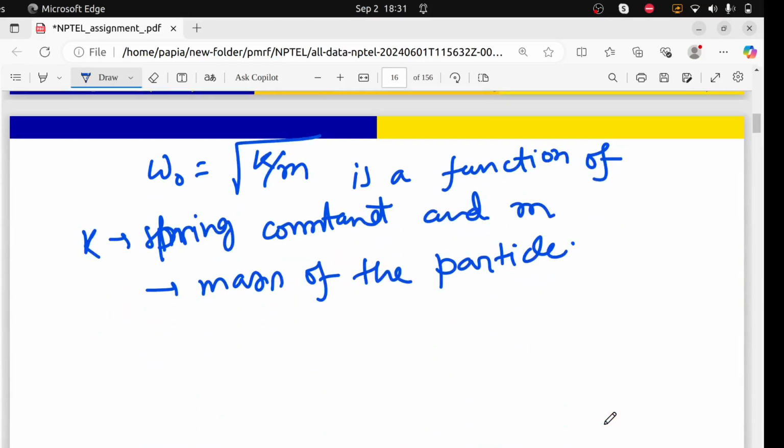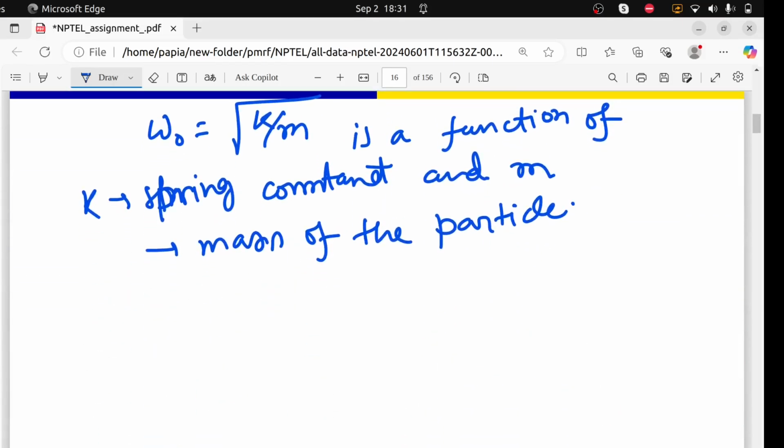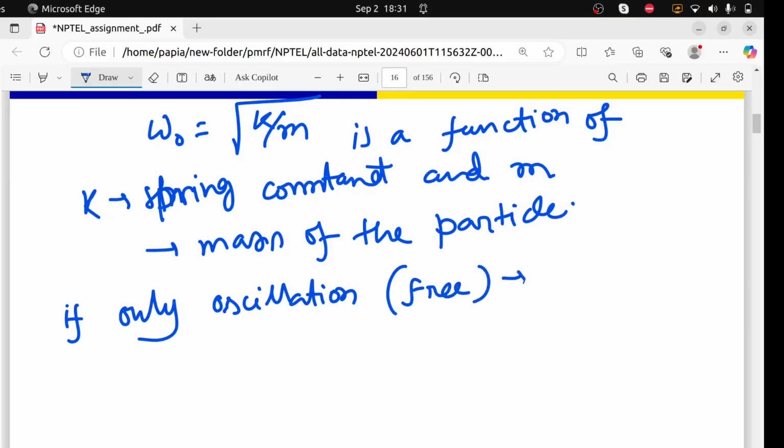So now I can tell you one thing: if there is only free oscillation, then our omega 0 is root over k by m.